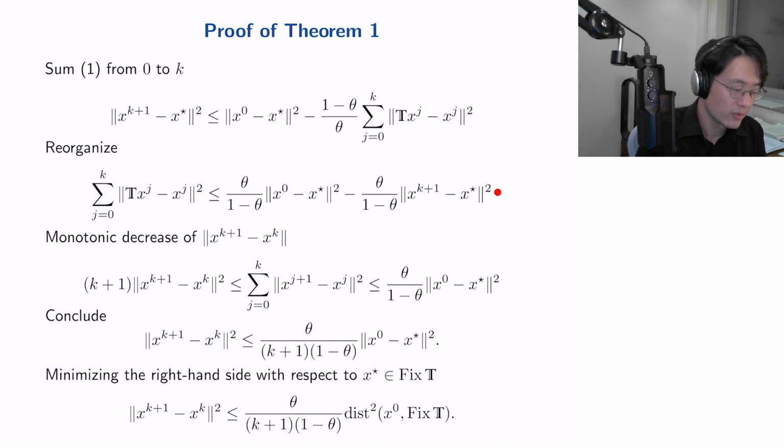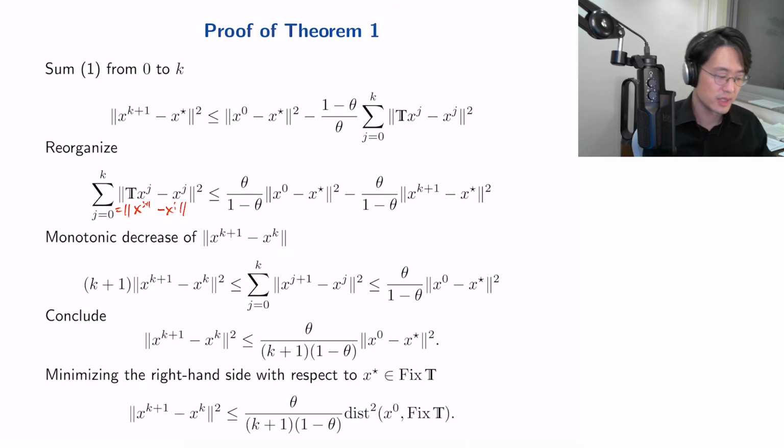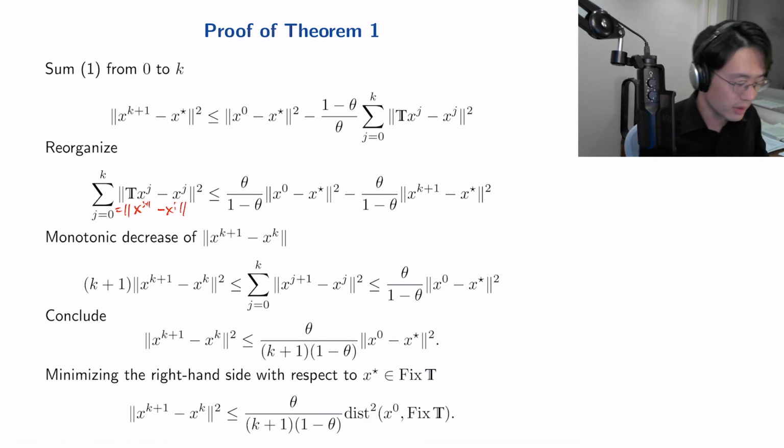Now remember, we just established that the fixed point residual is monotonically decreasing. By the way, this is equal to xj plus 1 minus xj. Within this sum, because this sequence is monotonically decreasing, the last term is the smallest term.